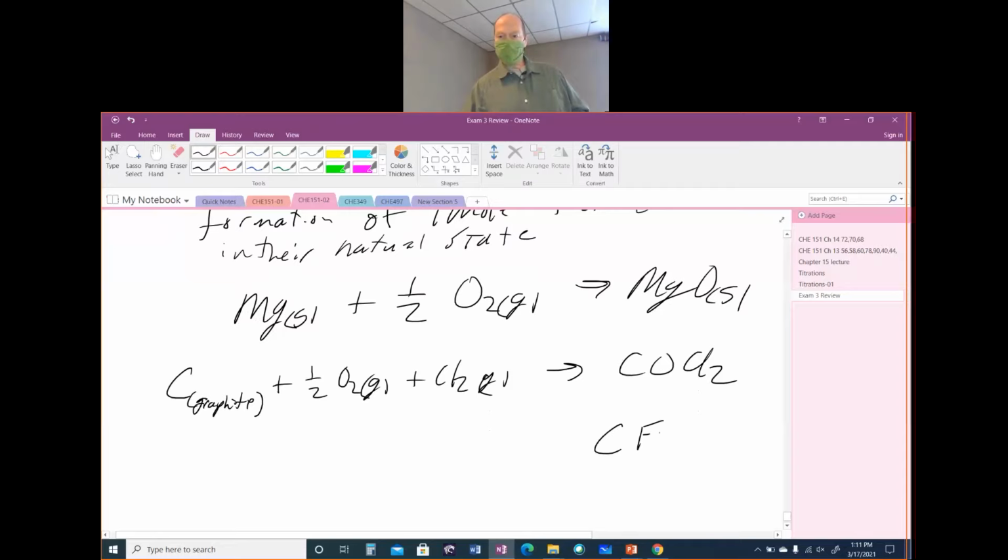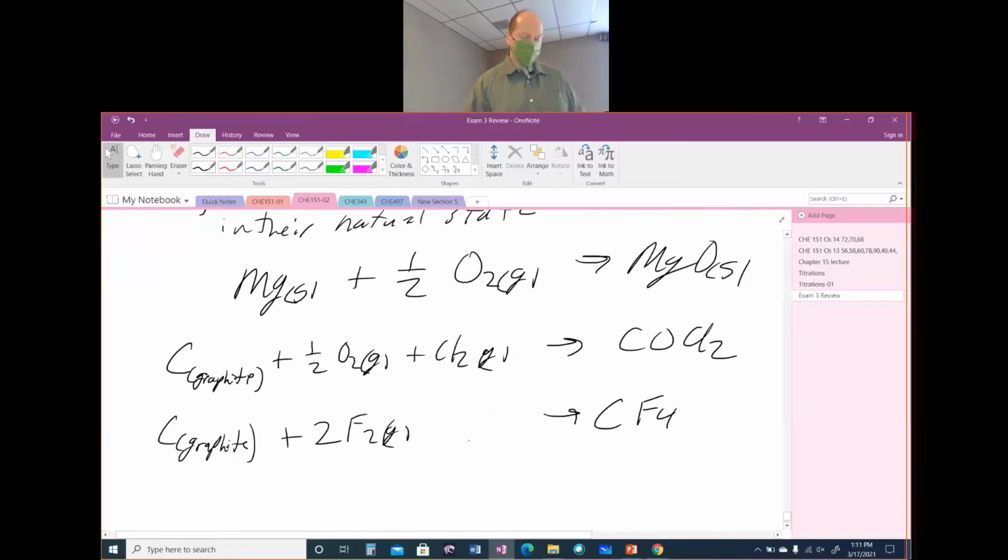CF4. Again, this time, same carbon graphite plus 2F2 gas gives you CF4. And PCl5.